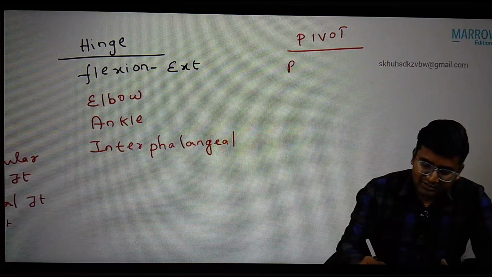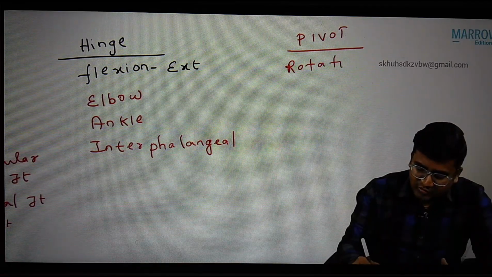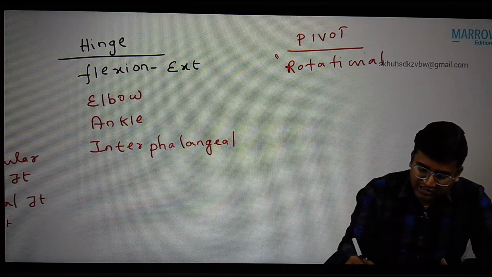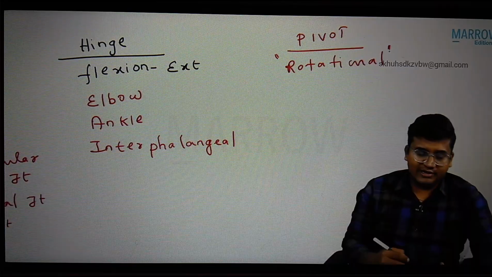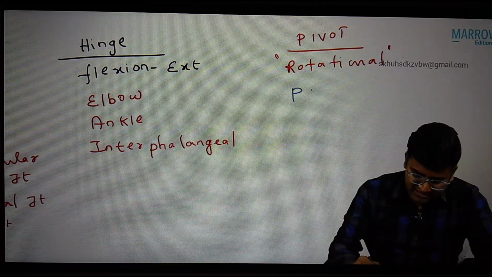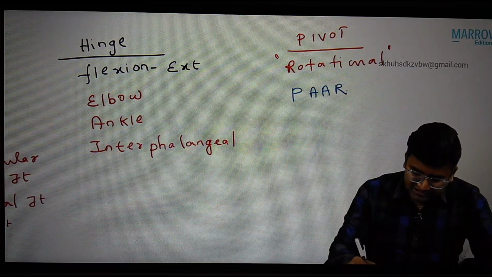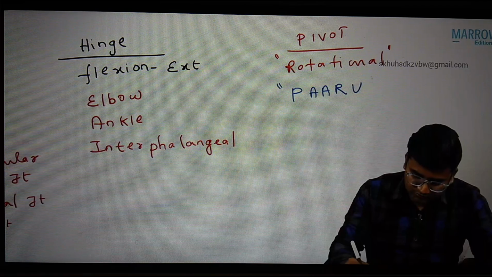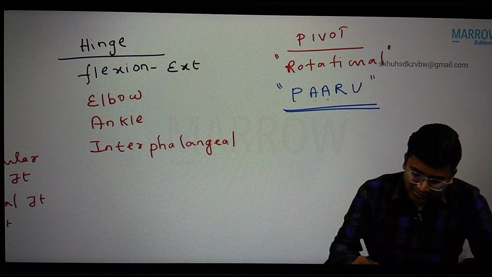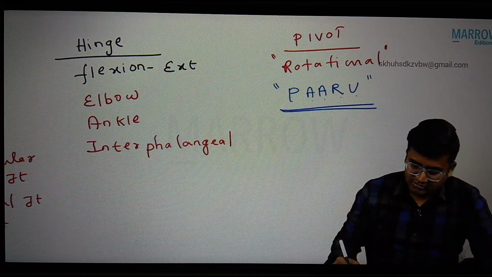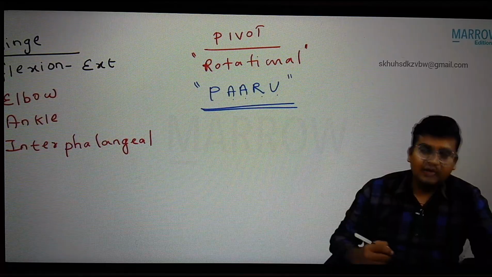Now pivot joint, the rotational movement will occur. Mnemonic is Parvati, short form Paru. So Paru is the short form of Parvati. Right.